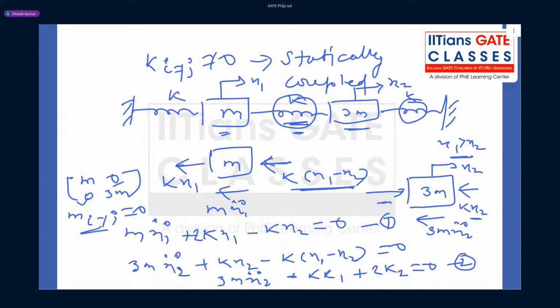If you see the static K matrix, it is 2k, minus k, then minus k, and 2k. You can see in the K matrix the K I not equal to j terms are non-zero. So it is statically coupled.